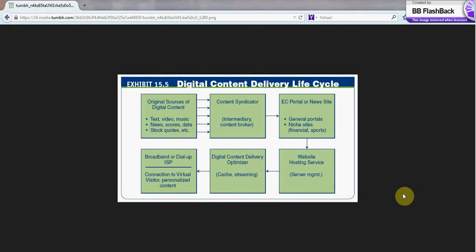So you need intermediary, and then you build a portal and news site, and you have to think about website hosting service. You have to manage your server, and then digital content delivery optimizer like streaming and broadband or dial-up ISP.